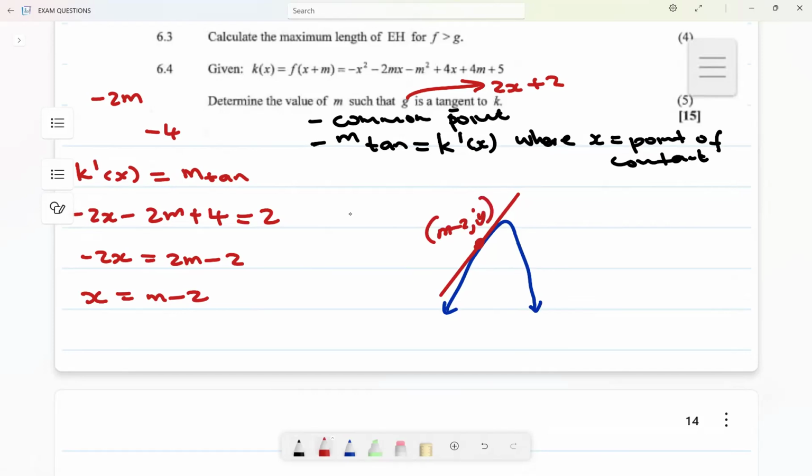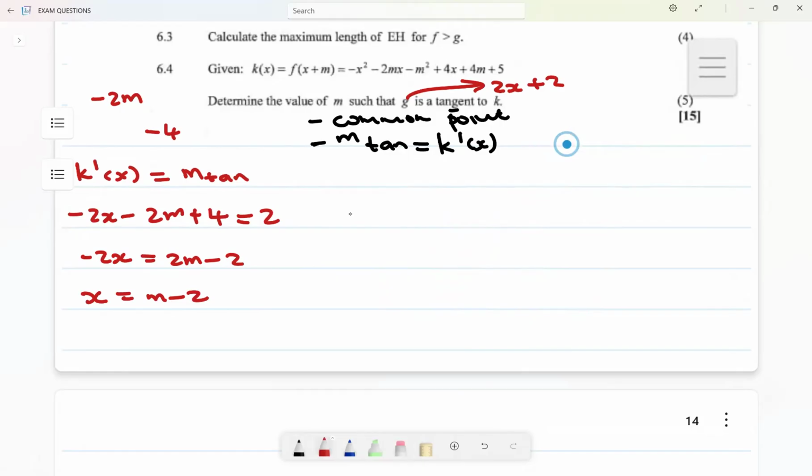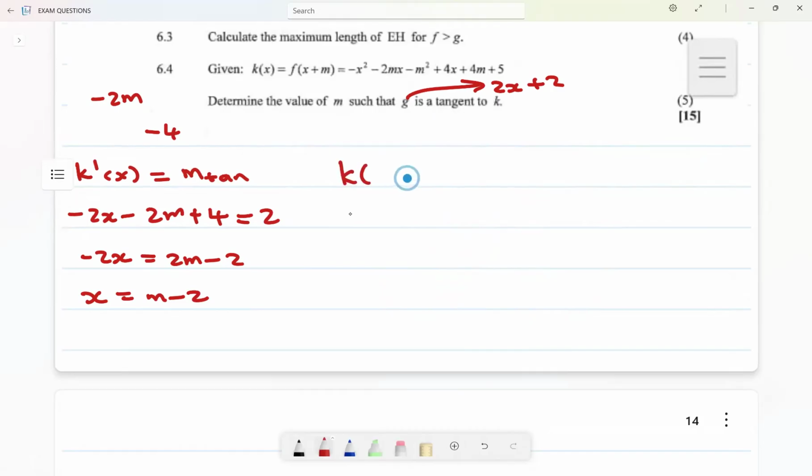But what you should take note of is that the y you get is the same for both graphs. I know they share the same point. So I will say k of m minus 2 is equal to g of m minus 2.